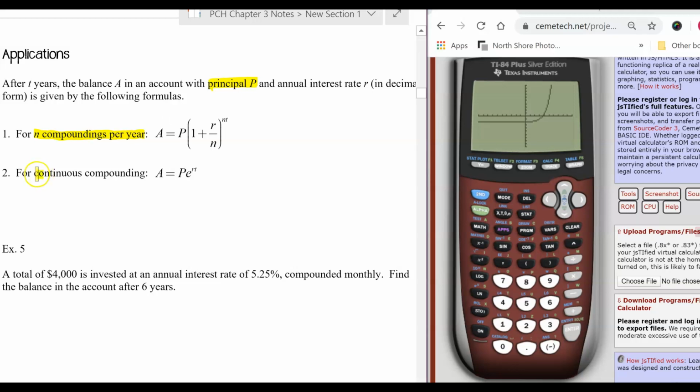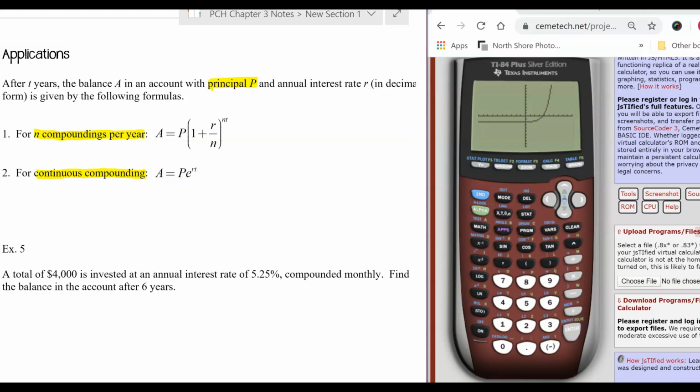For continuous compounding, they're actually giving you interest continuously. So that's kind of a strange concept, but that's essentially what they're doing. And if you have the same amount of money and the same interest rate, you're always going to make more money with continuous compounding.